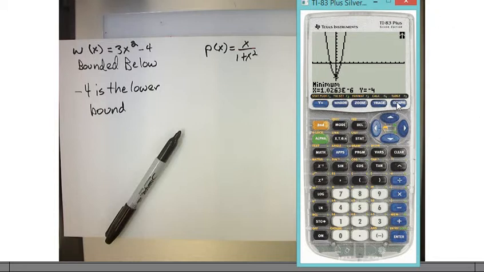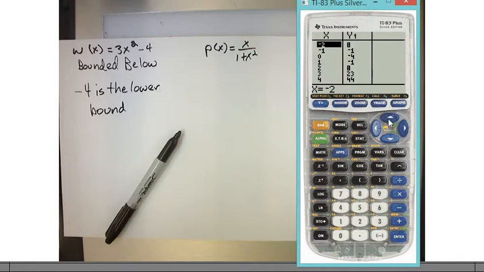If I were to go in here and look at the table of values, right? What are the y values doing as I scroll down? They're decreasing, right? Decreasing, decreasing. Now at this point what happens? They're increasing, increasing, increasing.